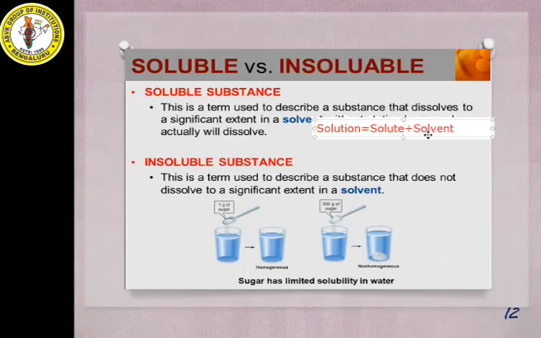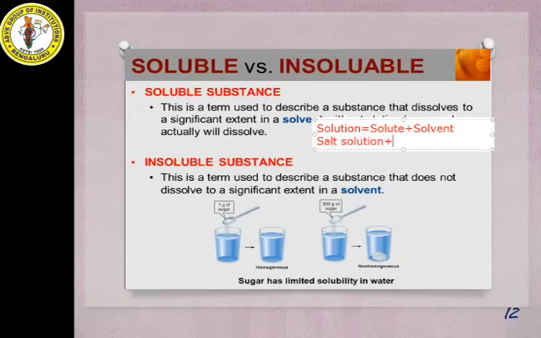So what is solute, what is solvent? Solute example, salt. Solvent example, water. So when you mix salt with water, you will get salt solution. I will write an example here. To obtain salt solution, you need to add salt plus water.